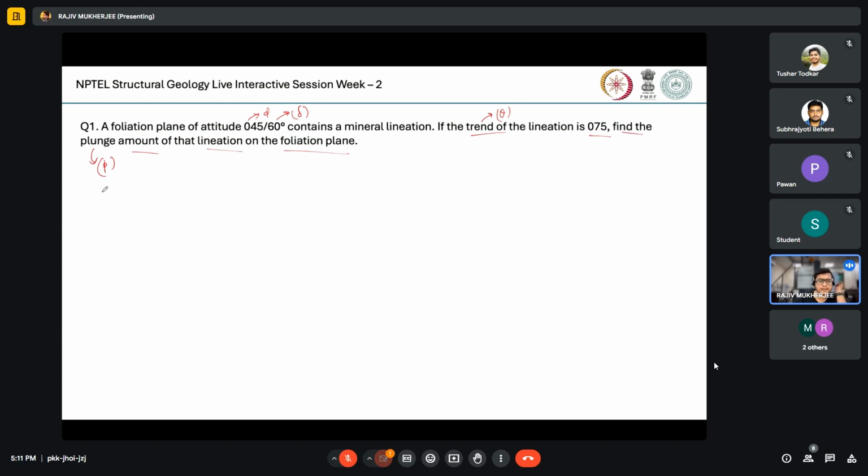So we have to derive the plunge amount of that lineation on the foliation plane. If we just quickly write the data we have: phi, which is 045, and then we have theta, which is 075. So theta minus phi or phi minus theta, whatever it is, this is 75 minus 45, that means it is 30 degrees. So this is basically the value of beta, structural bearing.